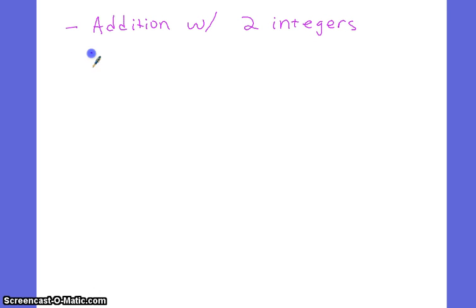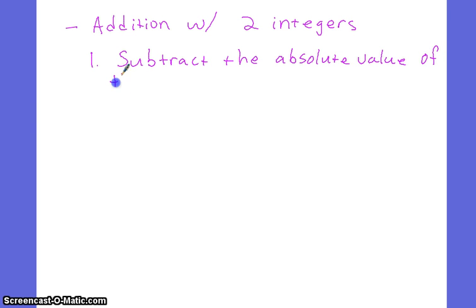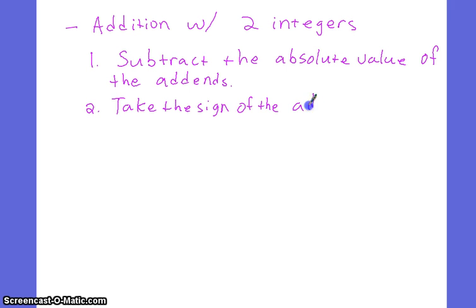The rules are this. 1, subtract the absolute value of the addends. 2, take the sign of the addend with the greater absolute value.